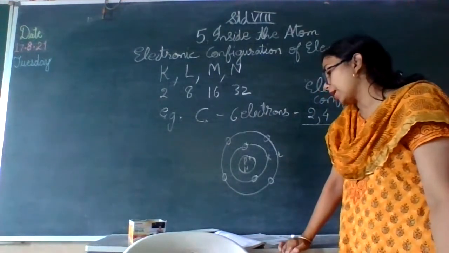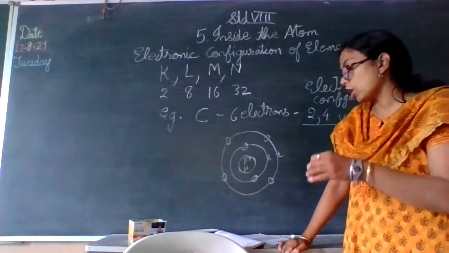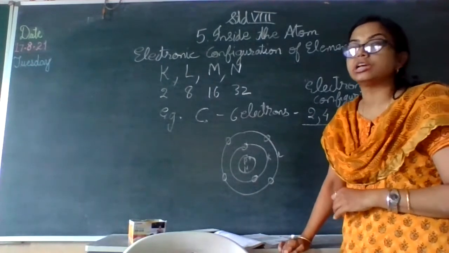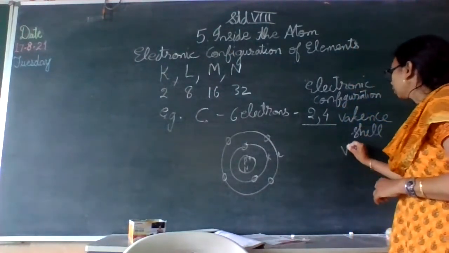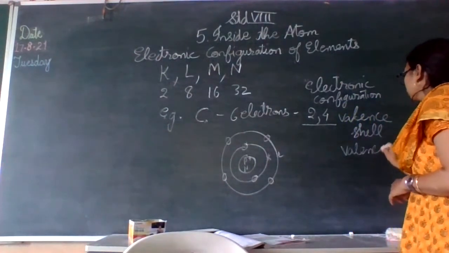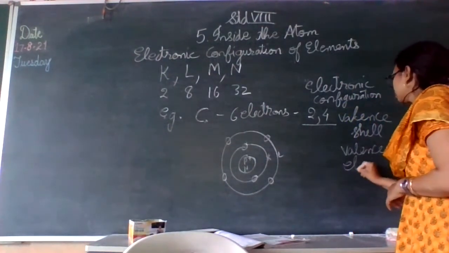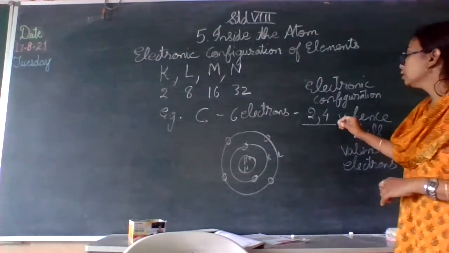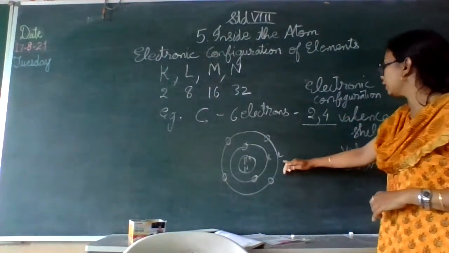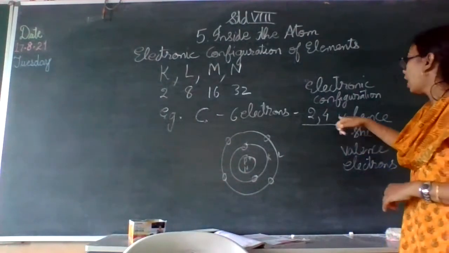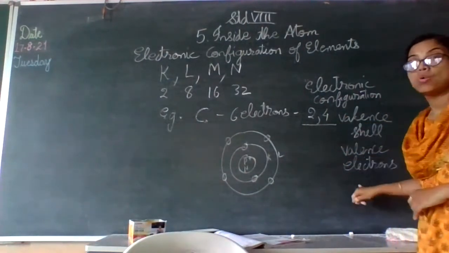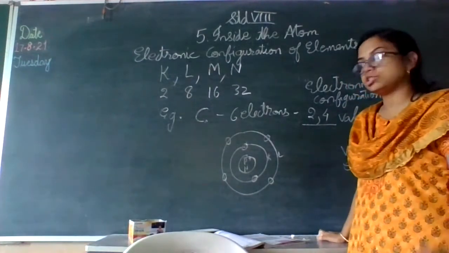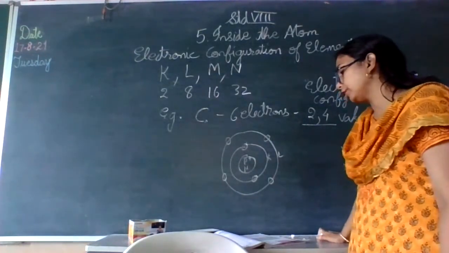The electrons in the outermost shell are called the valence electrons. Are you getting it? So in case of carbon, this L shell is the valence shell and these 4 are the valence electrons. Similarly, for other elements also, you can make it up.